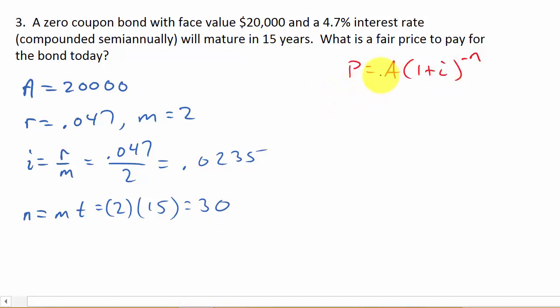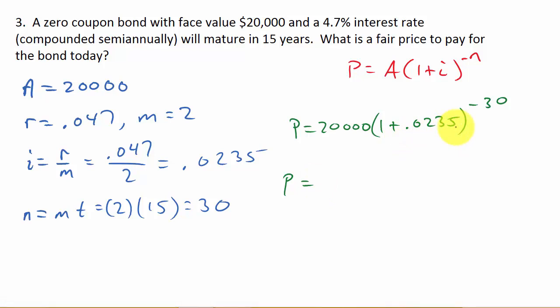So now, just plug everything in. P is equal to A, which is 20,000, times 1 plus i, where i is 0.0235, raised to the negative n, so raised to the negative 30. So 1 plus 0.0235 is 1.0235.